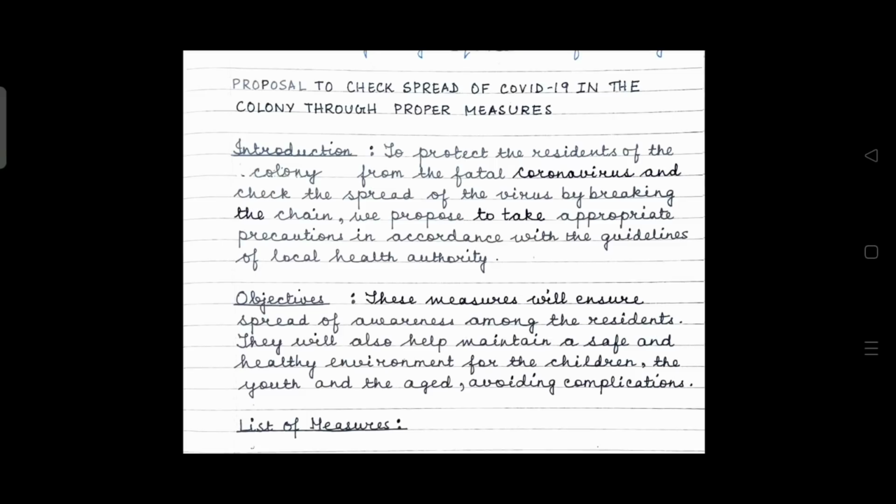Why do we need to stay free from this virus? Why do we need to protect ourselves? Obviously, because we want to avoid complications. And this is exactly what I have mentioned in the objectives section.